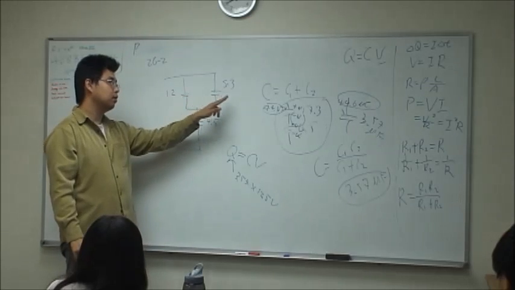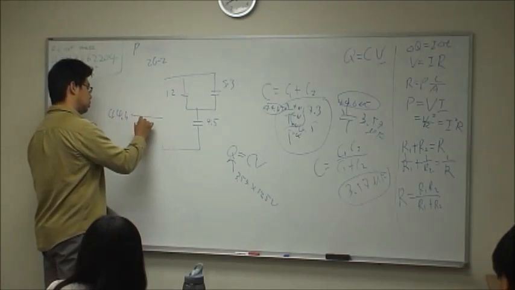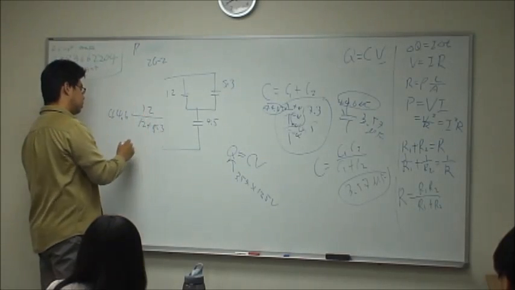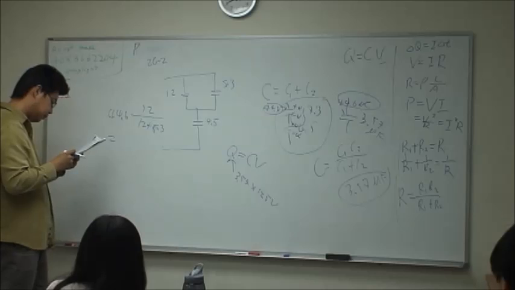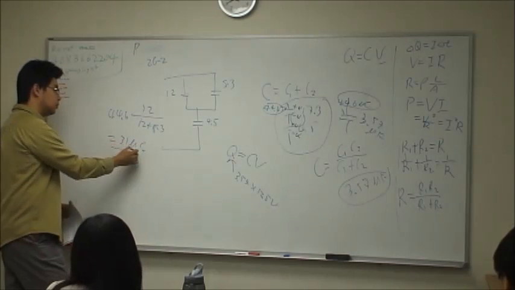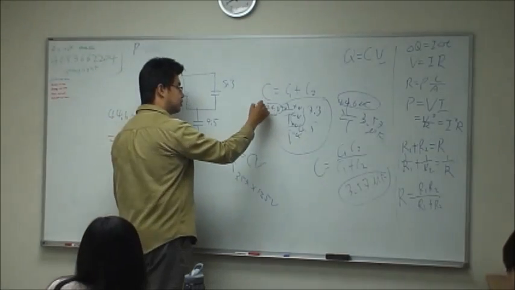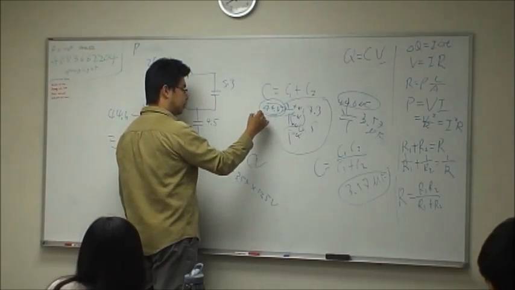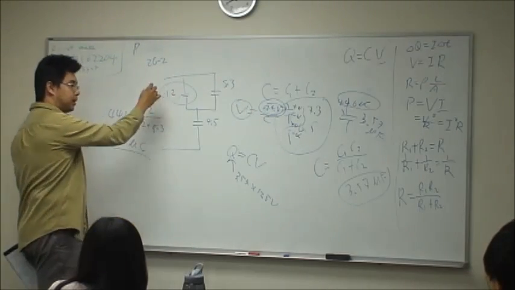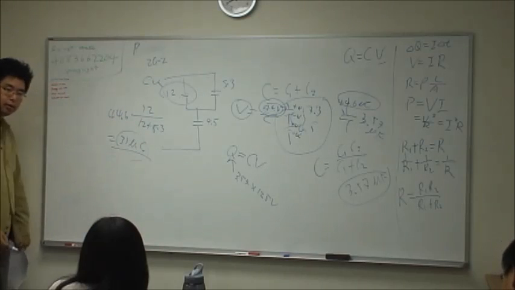One of them is 12, one of them is 5.3, so 44.6 times 12 over 17.3, something like this, I believe. So it's 31 microcoulomb. Okay? Or if you don't want to do this, you can use this charge, divide it by C to give you the voltage that applies to this capacitor, and then use CV again to get the charge.